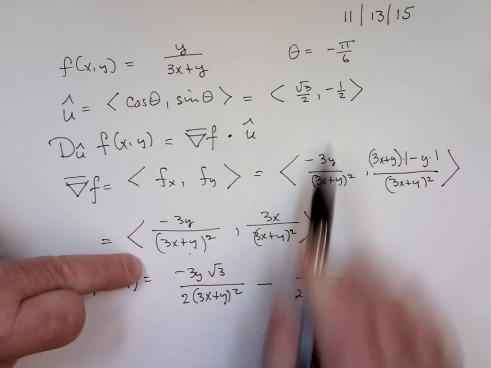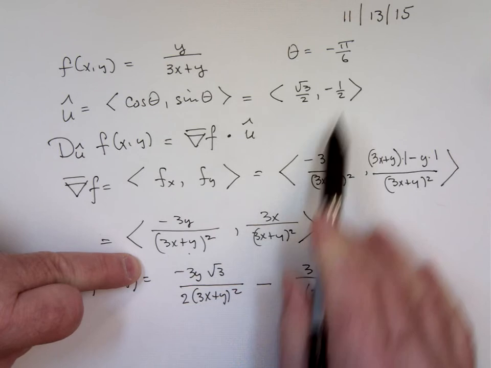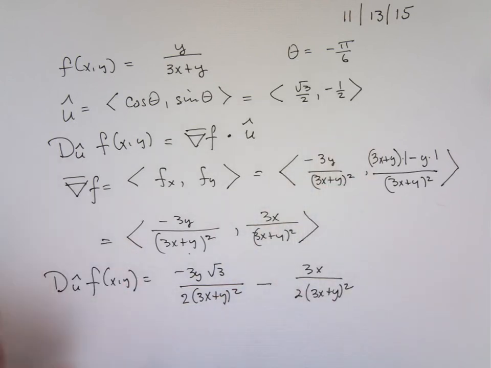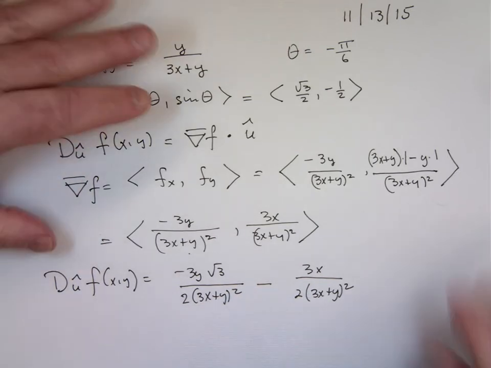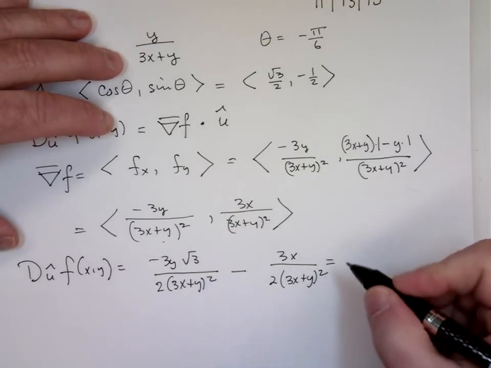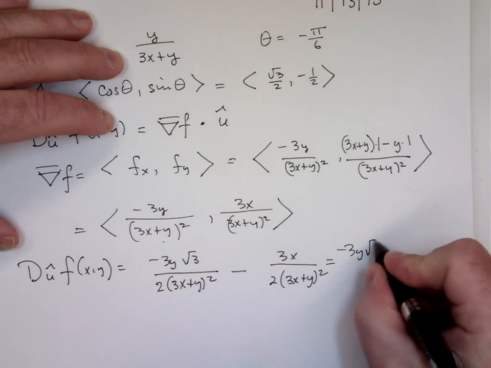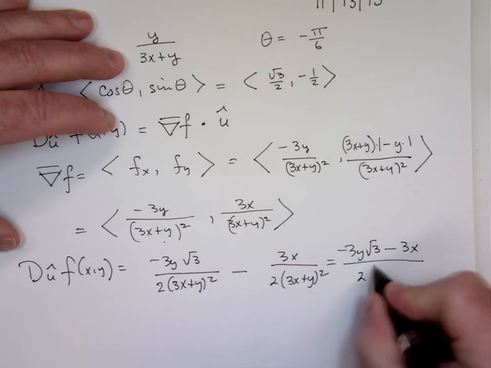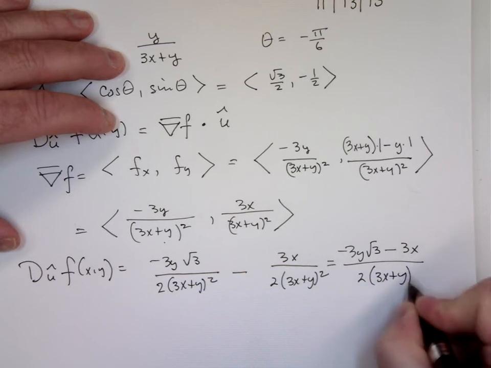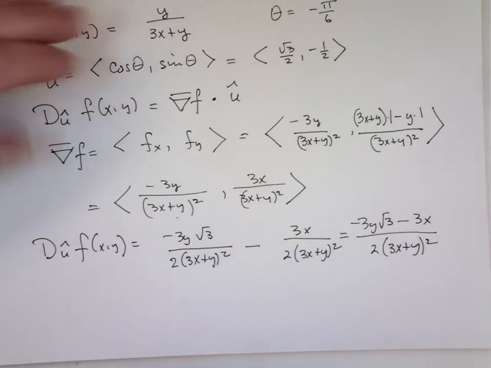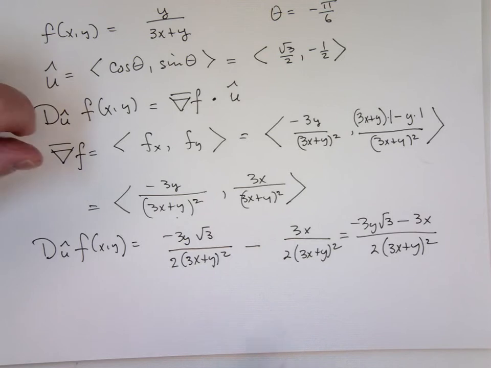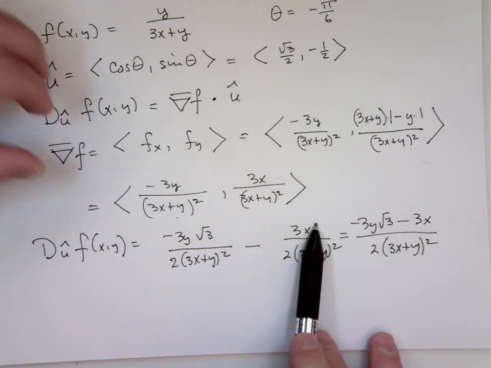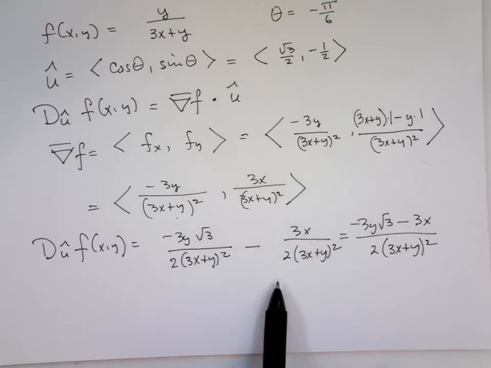This 2 we get from here. Same thing over here. And then, at least we have a common denominator. That's helpful. So we end up with negative 3y square root of 3 minus 3x, over 2 times (3x plus y) squared. I could factor 3 out, but that doesn't really go anywhere. That's all I did. And they give you credit right at this point?